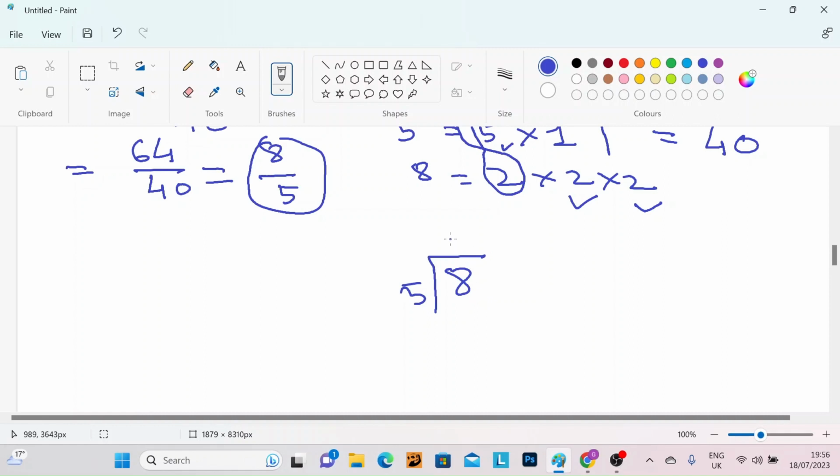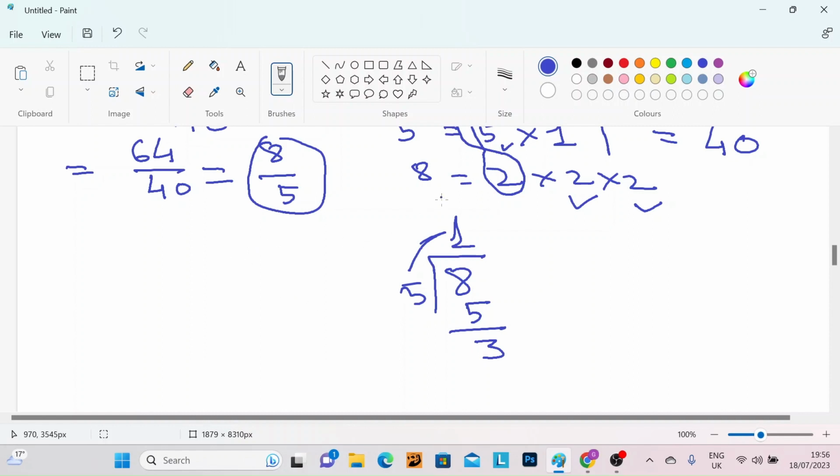It's only once, because if I multiply 5 by 2, it becomes 10, which is more than 8. So 5 is only once as a full set within 8. So 5 ones are 5. So if I take 5 here, the remainder is 3.